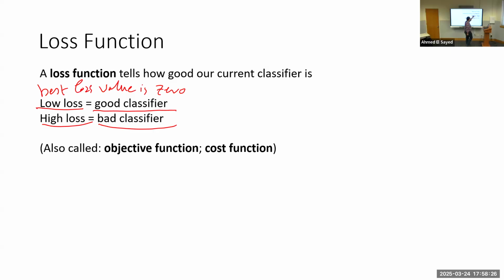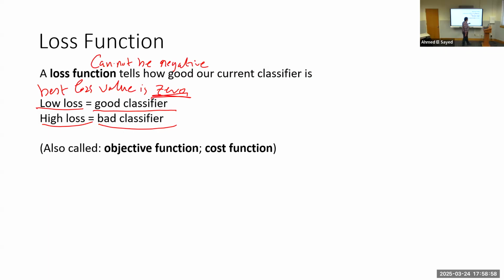So the loss function cannot be negative. Never. Loss function must produce a positive value all the time. The best value for it should be 0. It can be bigger than that. But if I achieve 0 loss, this is the best solution you can have.